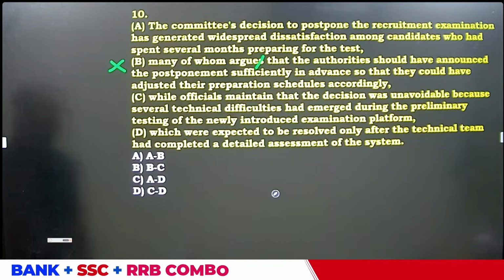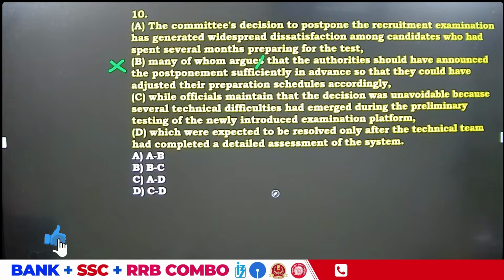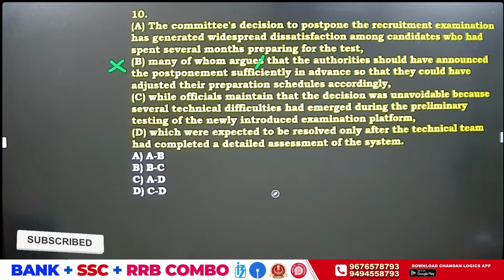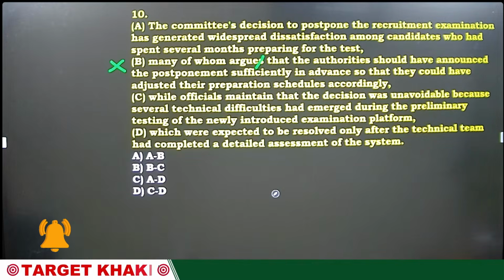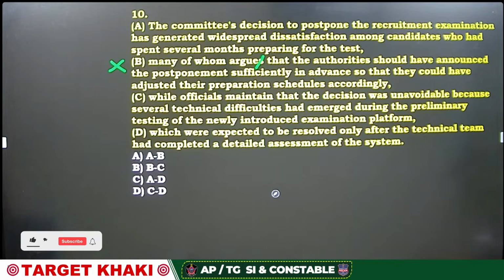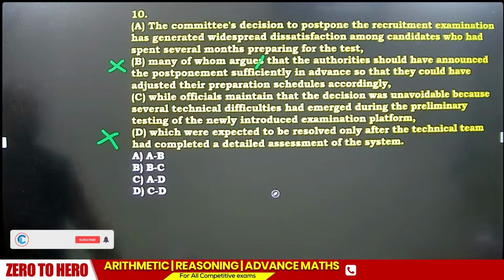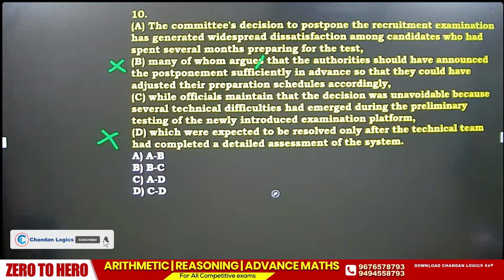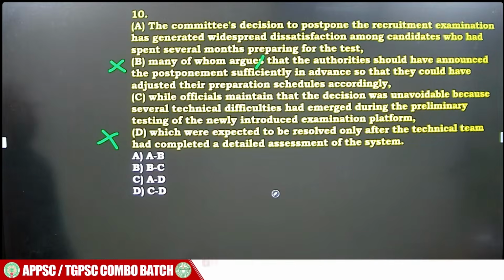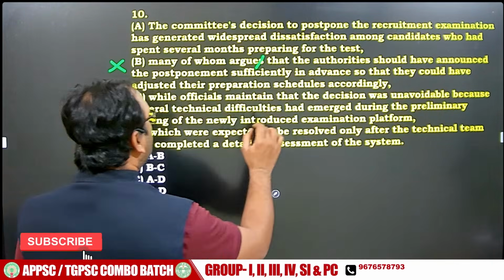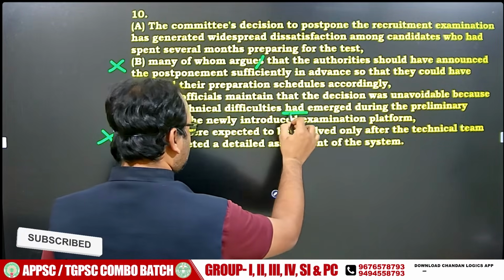While officials maintain that the decision was unavoidable because several technical difficulties had emerged during the preliminary testing of the newly introduced examination pattern, which were expected to be resolved only after the technical team had completed a detailed assessment of the system. So there is a problem in the D option. See, technical difficulties had emerged.